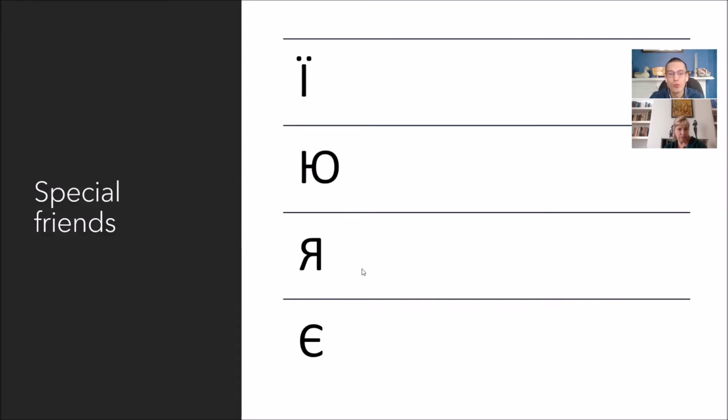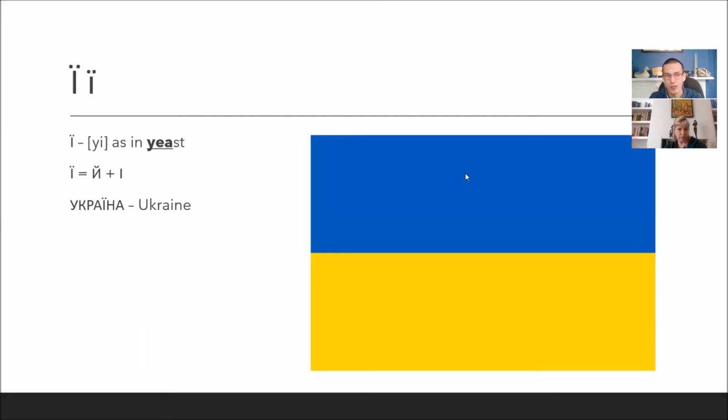They are complicated or special because they consist of two sounds, like Y and E, Y and U, Y and A. Let's go for the first letter of this group. It's Yi, as in yeast. So Yi equals Y and E.